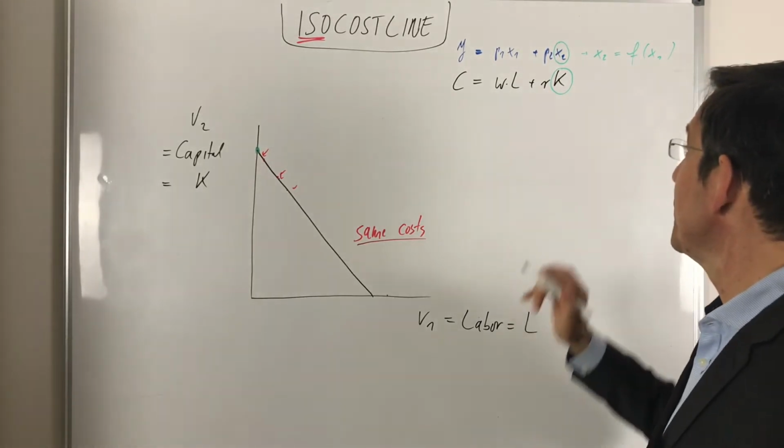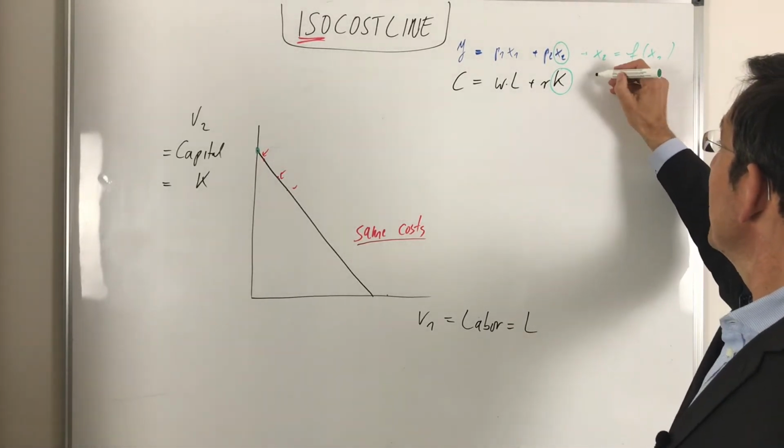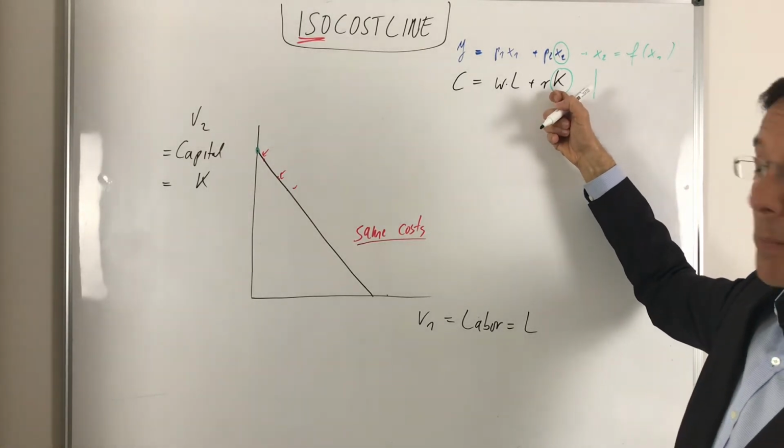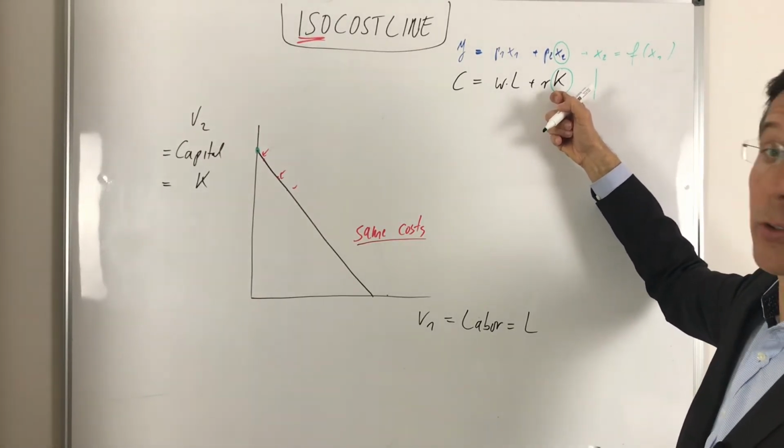We want to get the capital K isolated. What do we have to do?